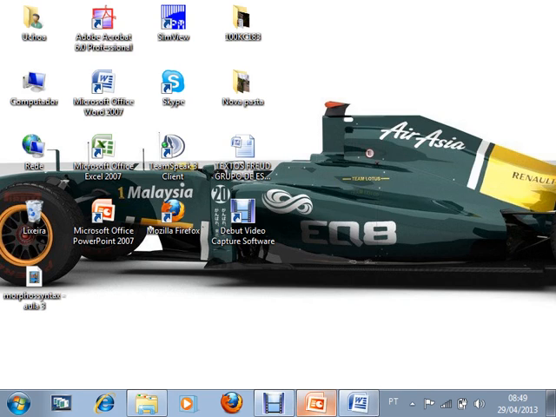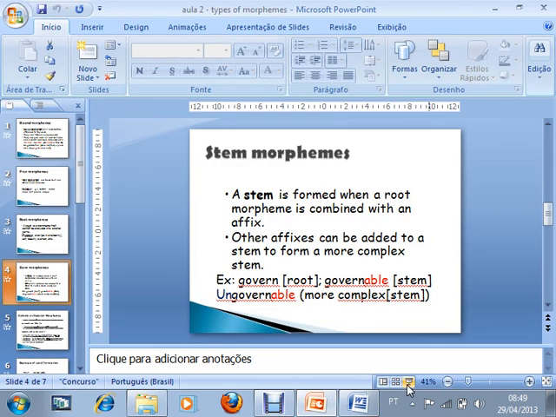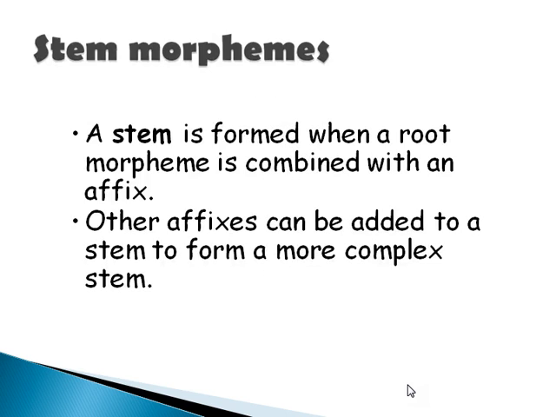Going back to the slide. A stem is formed when a root morpheme is combined with an affix, either a prefix or a suffix.